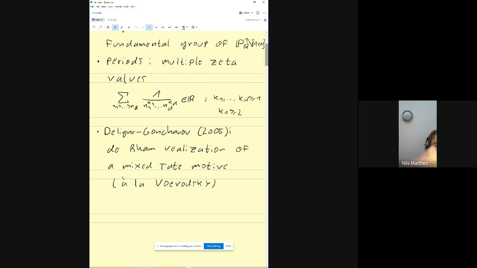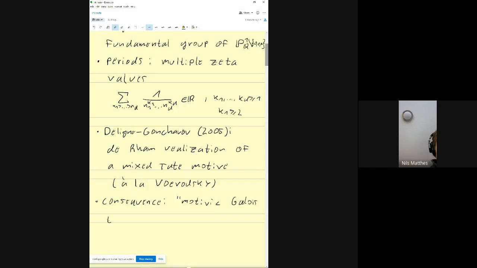And a consequence for the study of these multiple zeta values is that there's some kind of, I put this in inverted commas, motivic Galois theory of multiple zeta values.